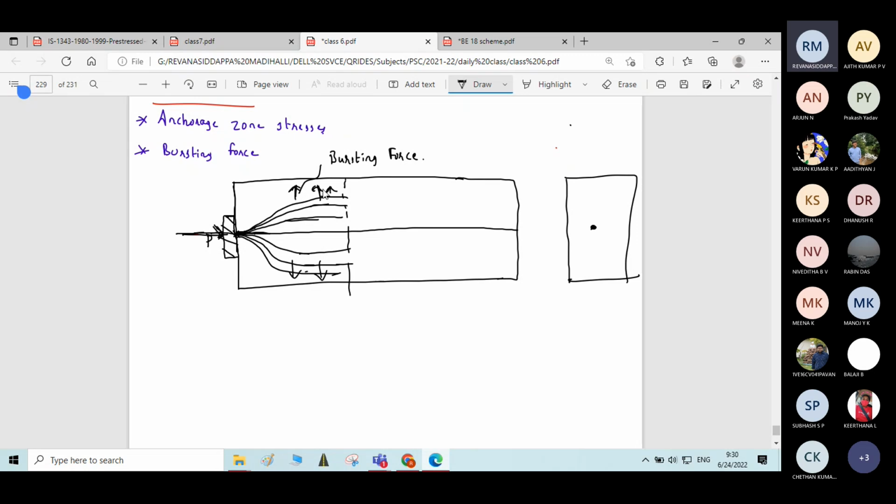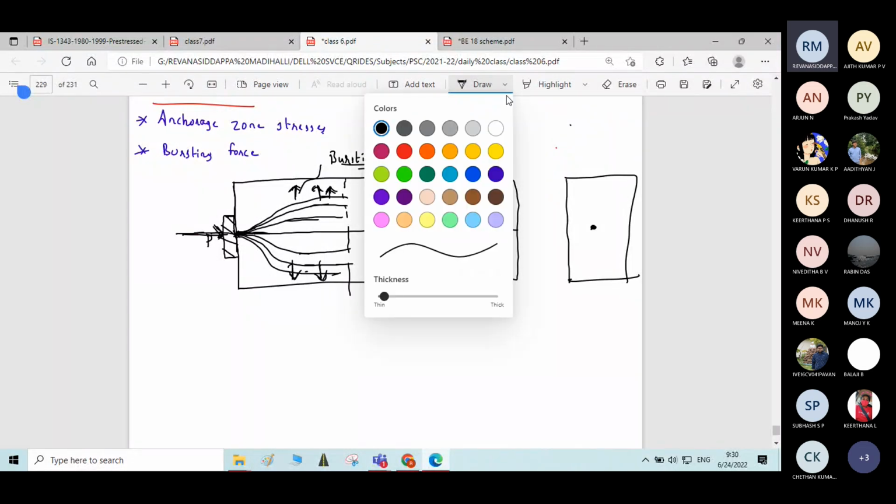Because of these transverse stresses, the transverse force that is generated is called bursting force. Therefore, the pre-stressed concrete member is to be designed to resist this bursting force or tensile stresses induced in the transverse direction.